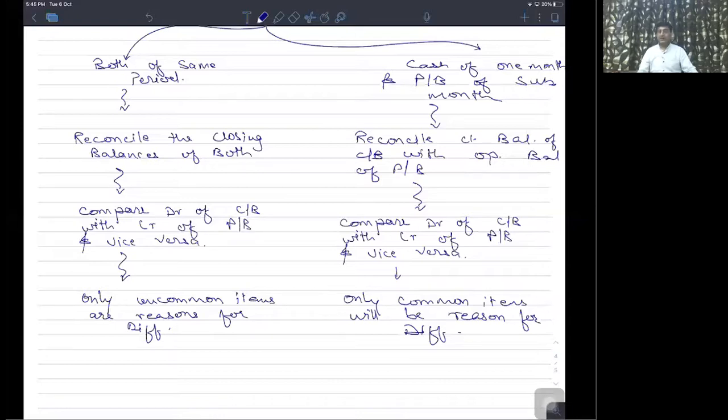When the reconciliation is done after preparing the adjusted cash book, the starting balance of bank reconciliation statement will be the closing balance as per adjusted cash book.